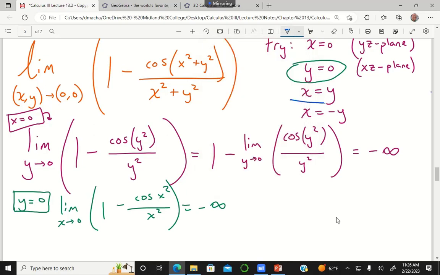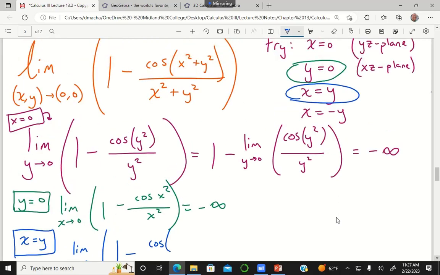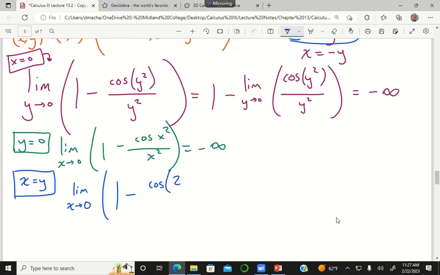Let's try x equals y. If I take the trace in the plane x equals y, then I'm going to be taking the limit. Let's say I replace all my y's with x's, and so I take the limit as x is approaching 0 of 1 minus cosine of x squared plus x squared over x squared plus x squared, that's 2x squared over 2x squared.